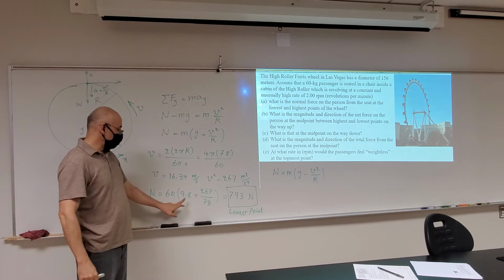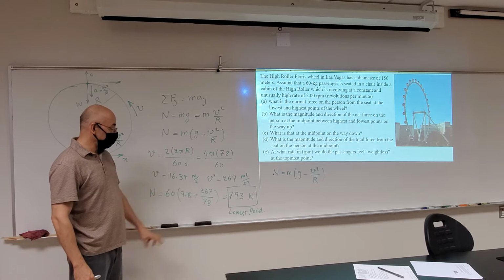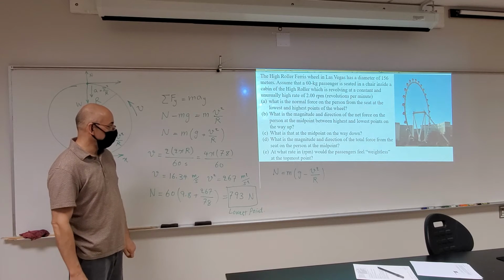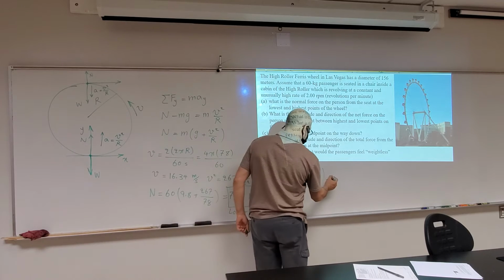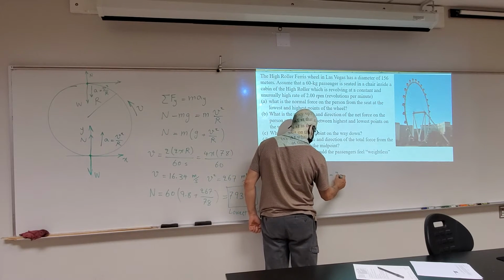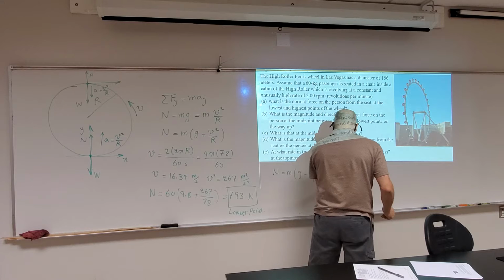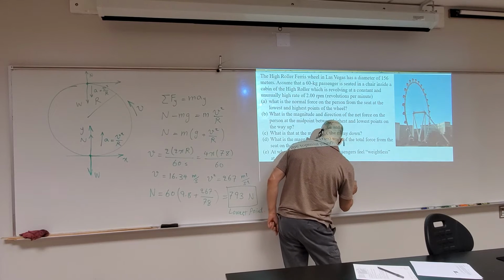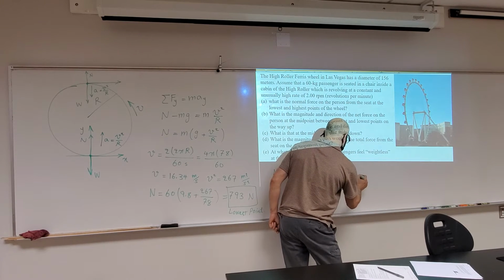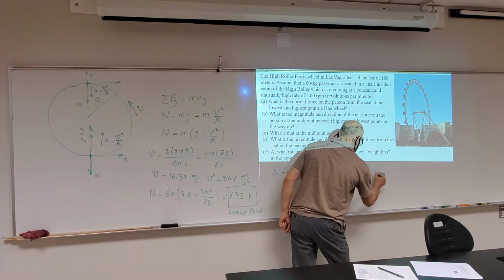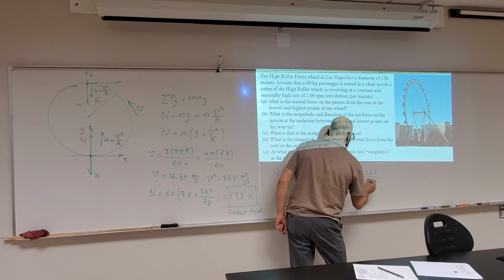That would be 60 times 9.8 minus 267 over 78.